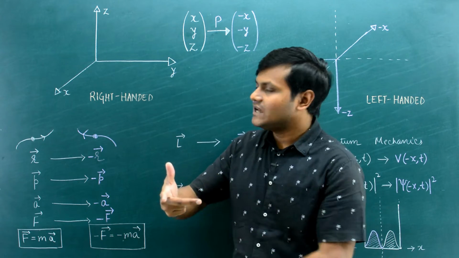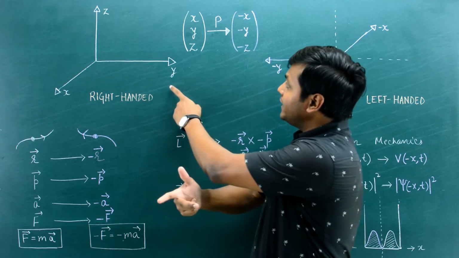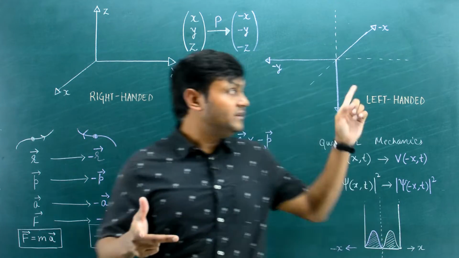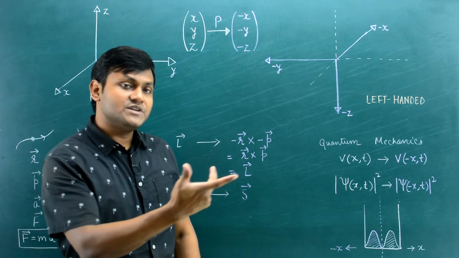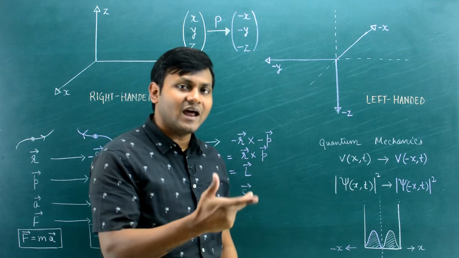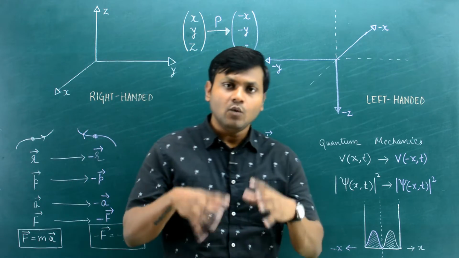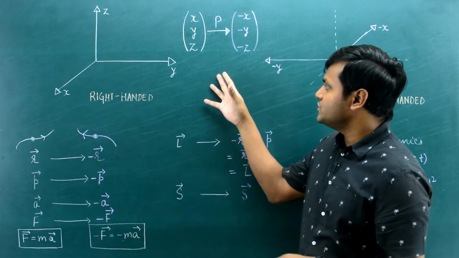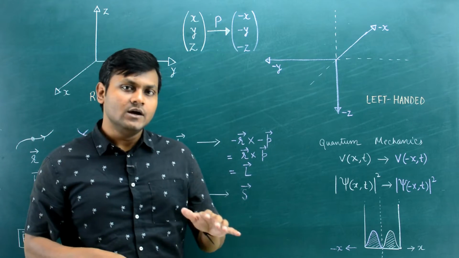This is known as a right-handed coordinate system. However, the moment I do a parity transformation on this, I cannot apply a similar representation to represent minus x, minus y, minus z, because this is not a right-handed coordinate system. In fact, this is a left-handed coordinate system. So the moment you do a parity transformation, you end up going from a right-handed coordinate system to a left-handed coordinate system.